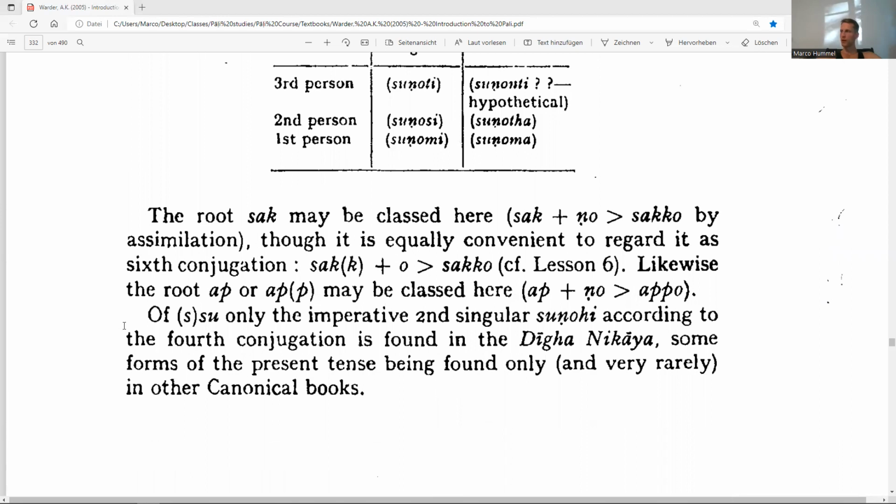Likewise, the root apoti, to reach or to attain, can equally be categorized under the sixth or under the fourth class.